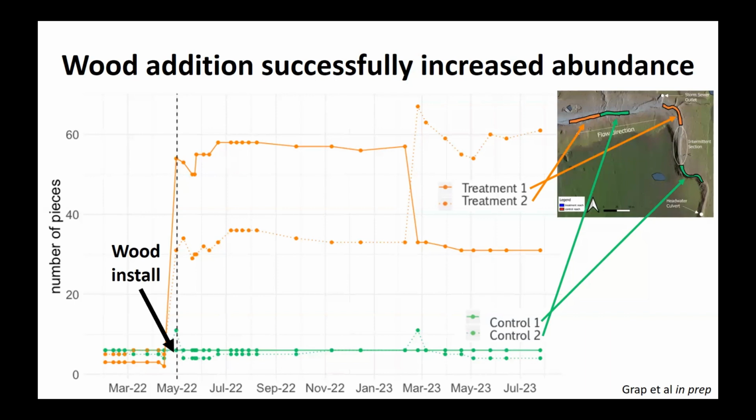About halfway through our monitoring period, some of the wood in treatment 1 moves downstream into treatment 2. It basically completely bypasses the control reach. There's nothing really to retain it there, and it gets caught on the wood jams that are further downstream.